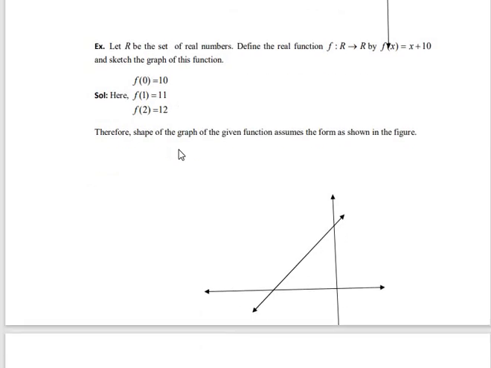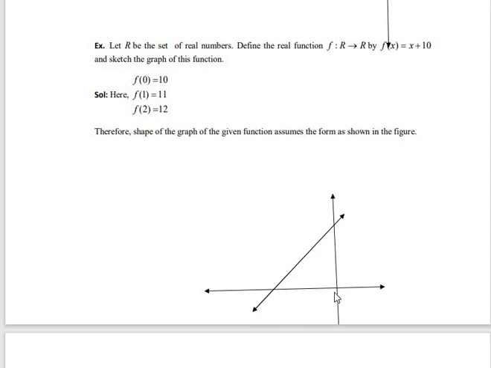Now, to draw the graph, what do you have to do? First of all, you have to draw the axes. Along the vertical I will choose the y-axis, and along the horizontal I will choose the x-axis. Vertically it is y and horizontally it is x.